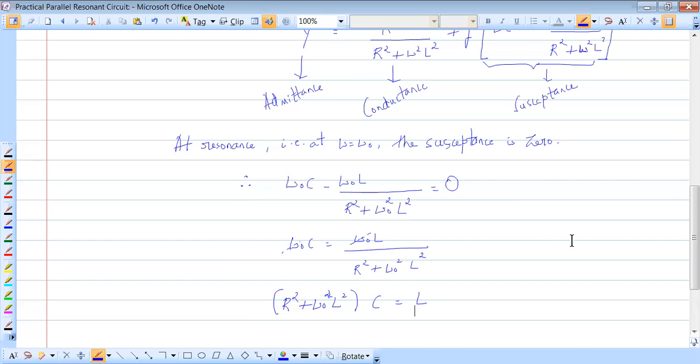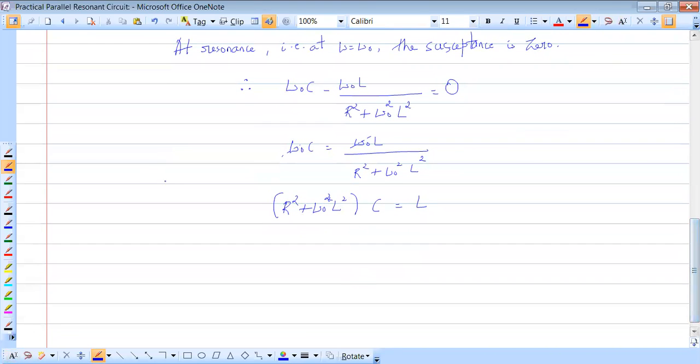Or in the next step we can do this. R square plus omega naught square L square is equal to L by C. Omega naught square L square would give you L by C minus R square.